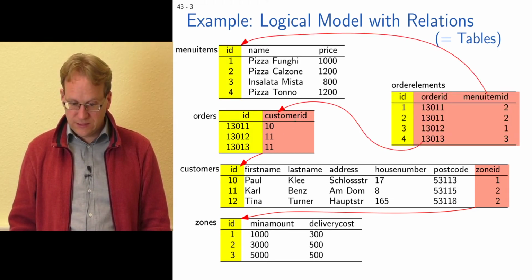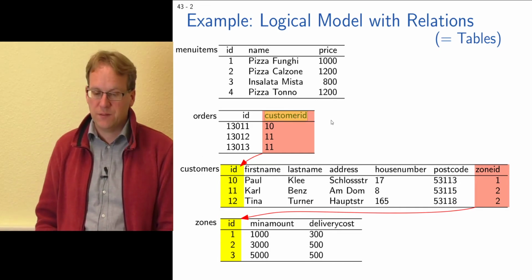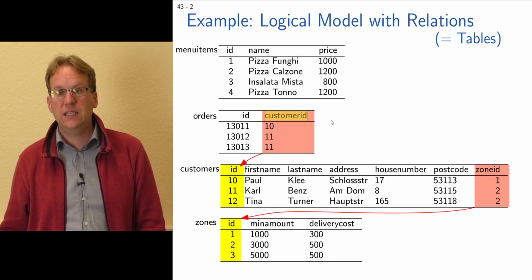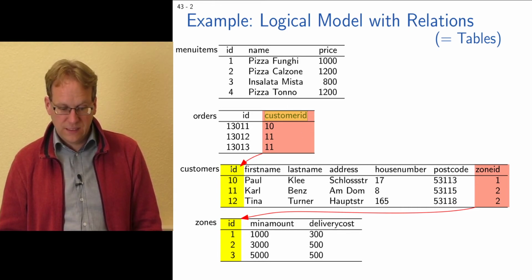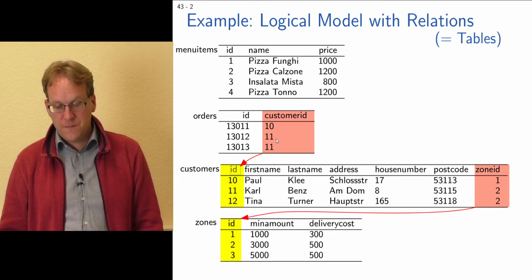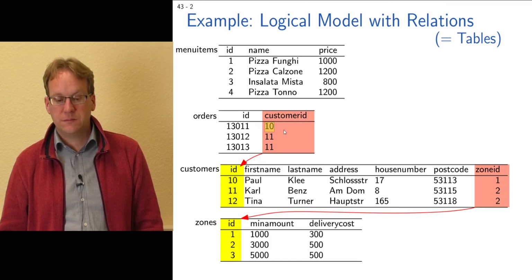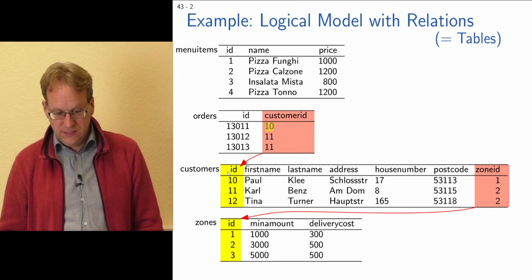And that is called a foreign key, meaning it's a column containing a number or some value representing the key of some other table. So every table has a key which allows you to uniquely identify the different rows. And these associations are simply implemented by having the key of some other table here in this column. And that is actually in yellow.